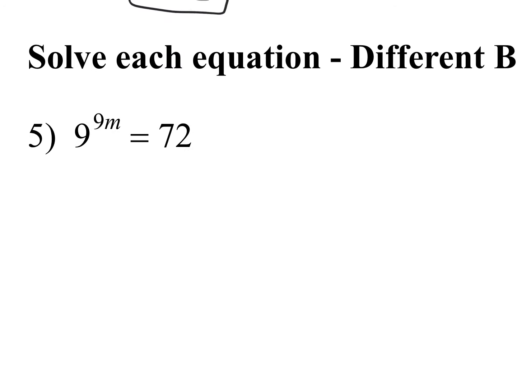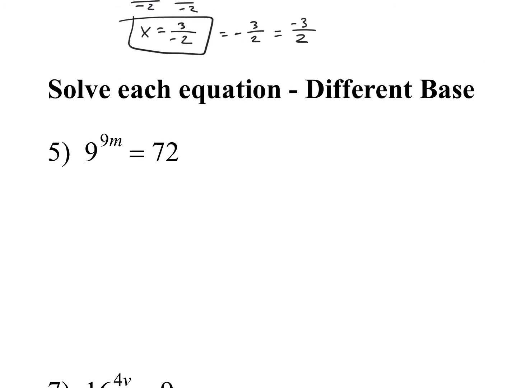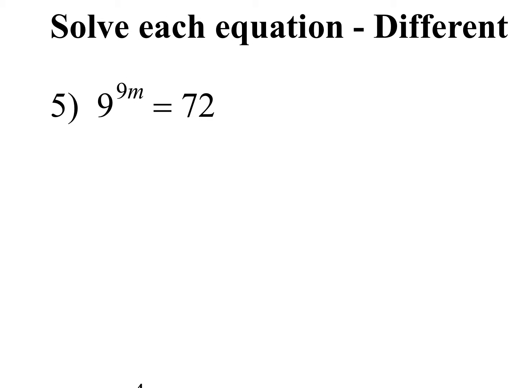Let's look at number 5. So here we have different bases. So we can't get this 72 to look like a 9. It's just not possible. So what do we have to do to solve when we have different bases? Log of what base? Awesome. Whatever this number is, that's what we use.